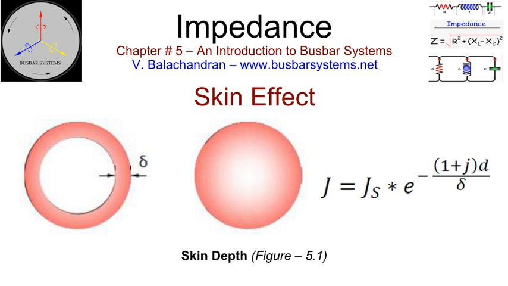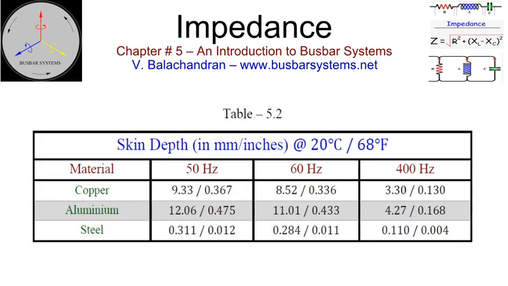Comparing the two most commonly used materials for the conductor, the skin effect, at a given frequency, will be more pronounced in a copper conductor than in an aluminium conductor, as the conductivity of copper is higher than that of aluminium. Overall, skin effect increases the resistance of a conductor. Skin depth is also a function of the permeability of the material.